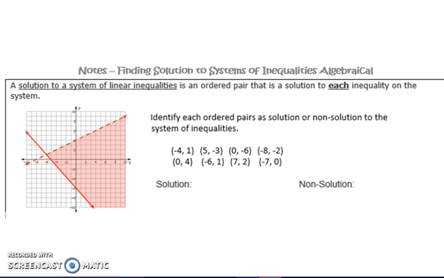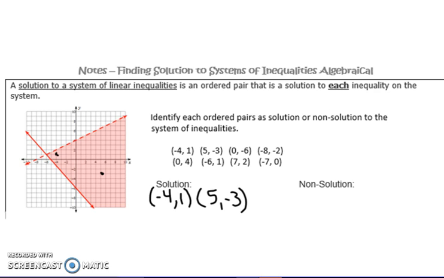If I start with (-4, 1), if I go over -4 and up 1, that's in my shaded area, so that's a solution. (5, -3), well, I go over 5 and down 3, that's also in my shaded area.